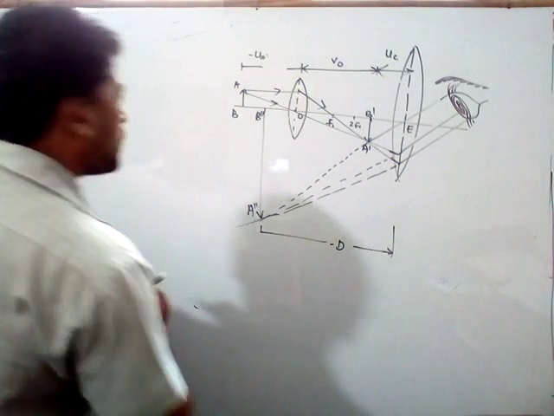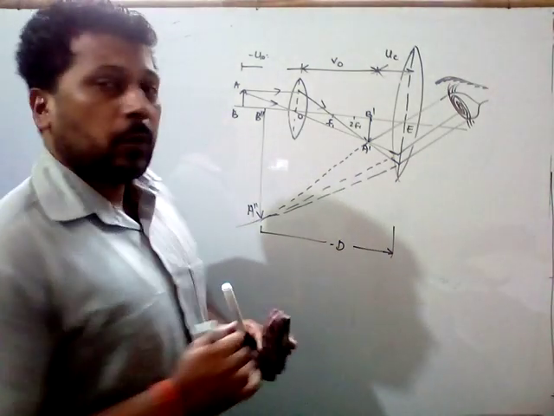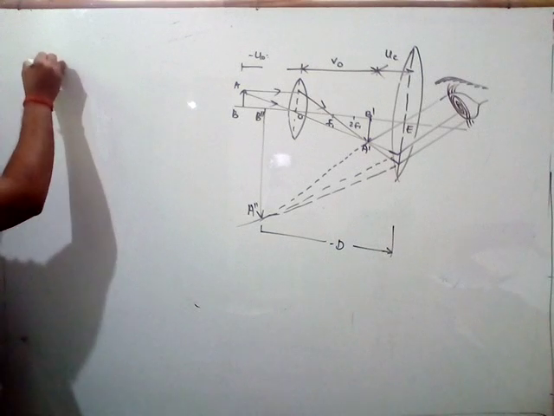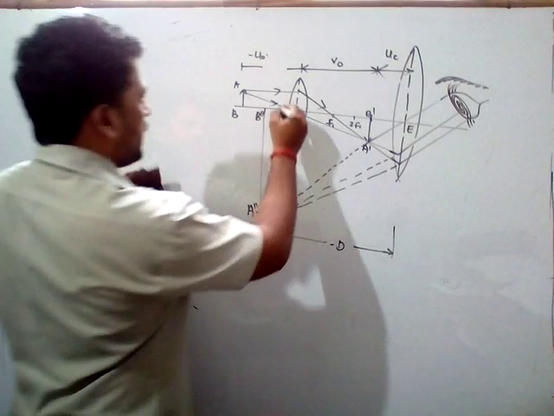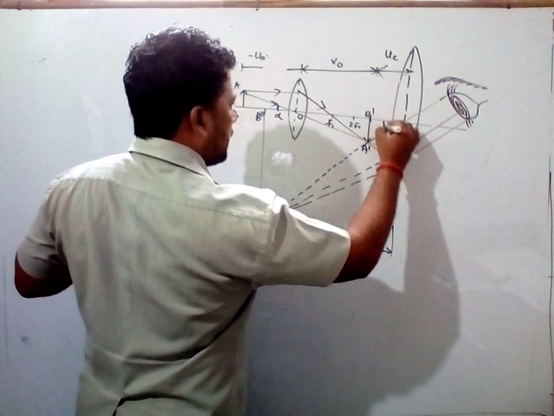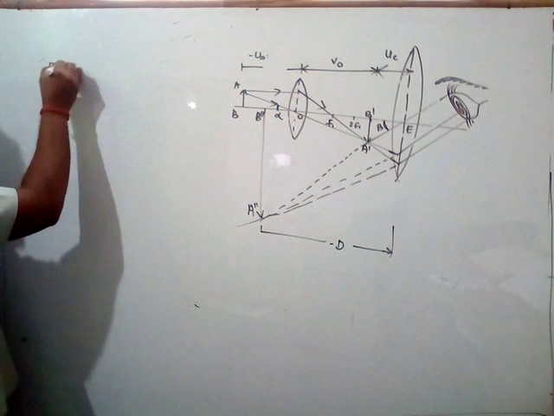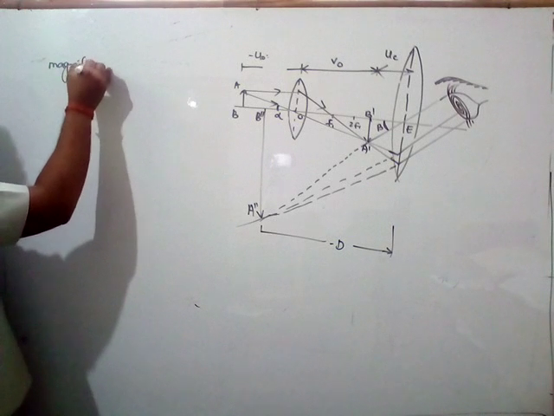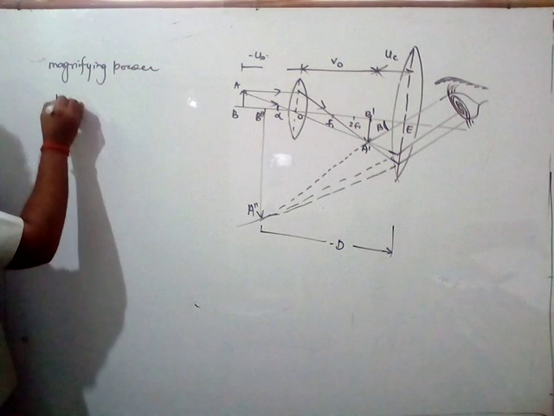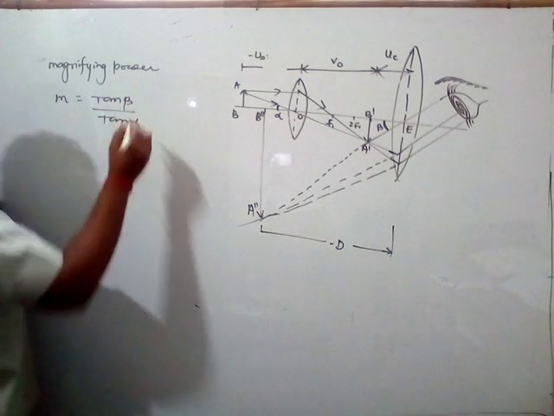So first of all, consider the image formed at the least distance D, the first condition. Let this angle be alpha and this angle be beta. Its magnifying power, you know, m is equal to tan beta upon tan alpha.